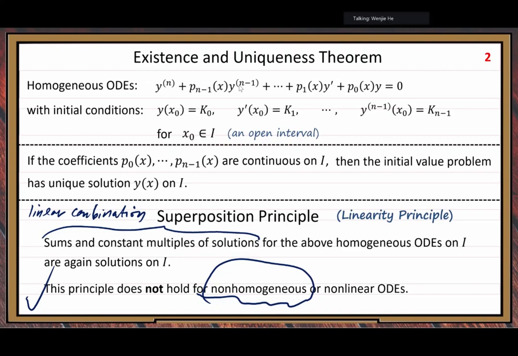Remember, when we consider a linear combination, we use constants: k1 times y1 plus k2 times y2 plus up to kn times yn. For the non-homogeneous case, in general, this is not a solution.